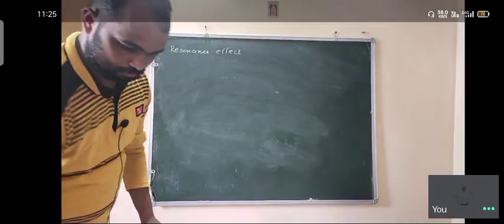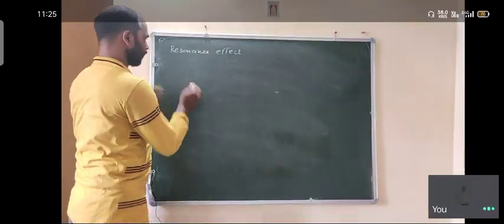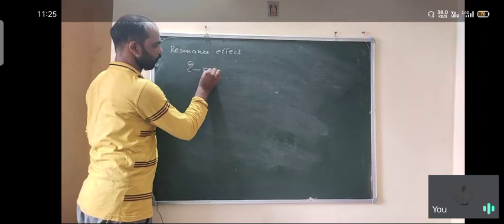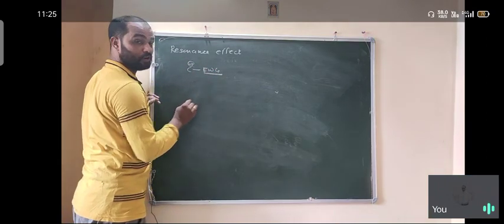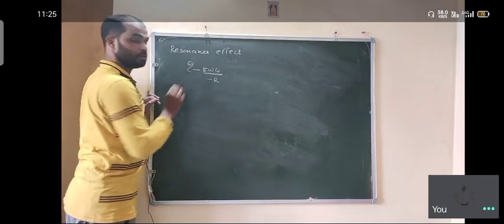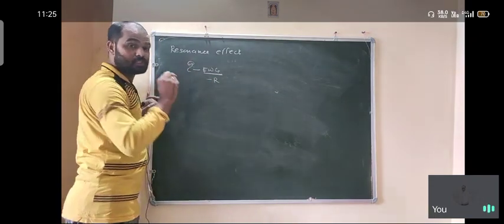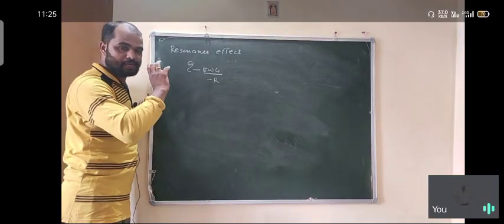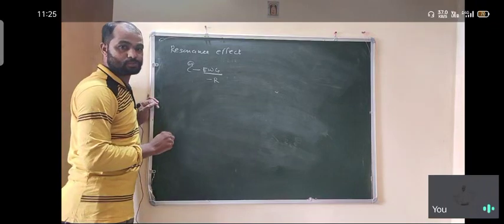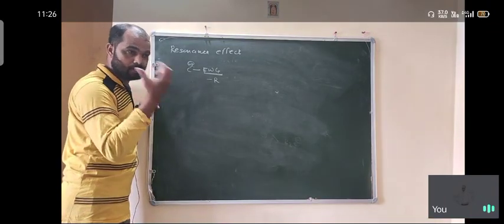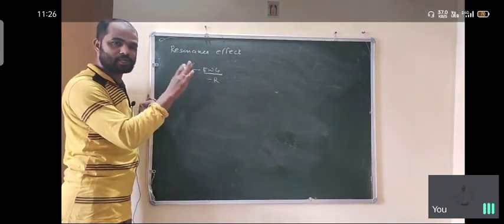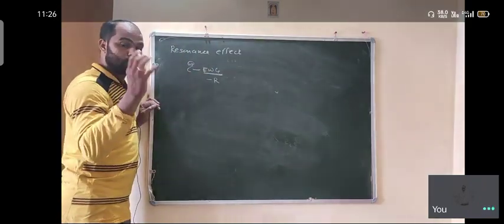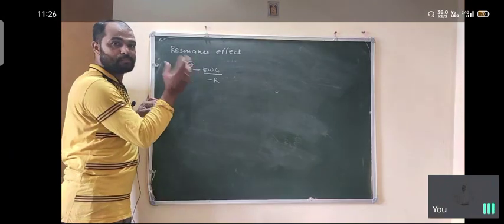Resonance effect means, if the carbon has a negative charge and there is an electron withdrawing group with a minus R effect, then this negative charge is delocalized by resonance, meaning directly delocalization of the electrons. In the inductive effect, the delocalization is via the sigma bond, but here the delocalization is via the pi bond, and this is more effective as compared to inductive.